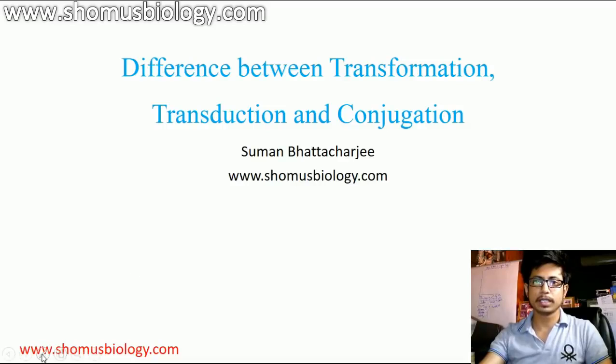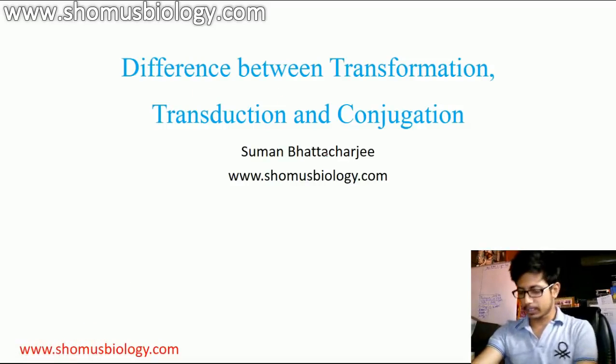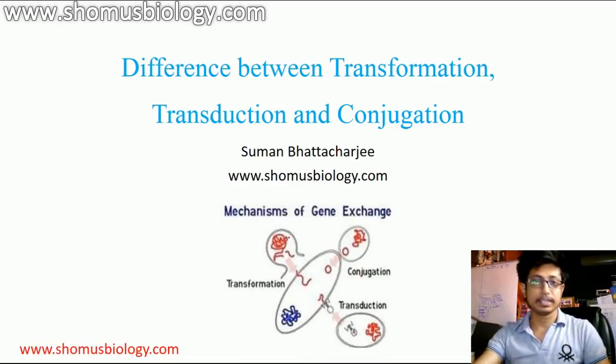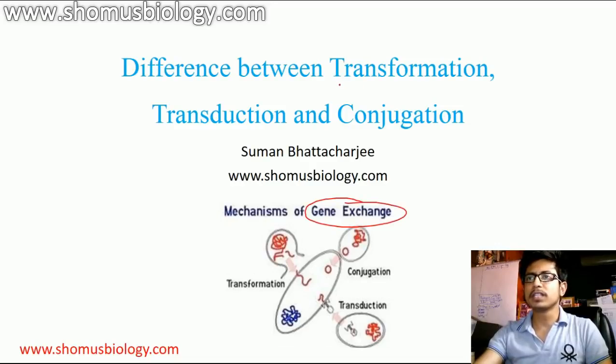So first let me take a color. Now in all these cases, if I put it in a simplified fashion, all of them are gene exchange methods between two bacteria of the same generation. Now the process of transformation is where the DNA or the fragment of the DNA is taken directly by the adjacent bacteria.